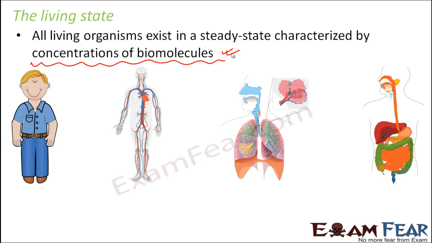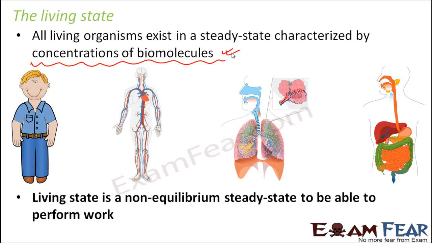When digestion doesn't happen in the right way, all the systems of the body will get disbalanced, because your body is not getting energy. Your cells will not get energy, and will not be able to perform their job of cellular respiration. So everything will get impacted. And when your cells are not functioning well, blood circulation is also not possible. Everything is in coordination with each other, and everything has to take place in the right way. So the concentration of biomolecules in our body is very, very important.